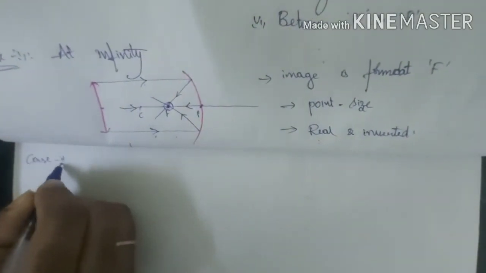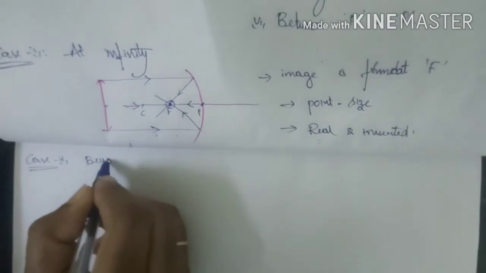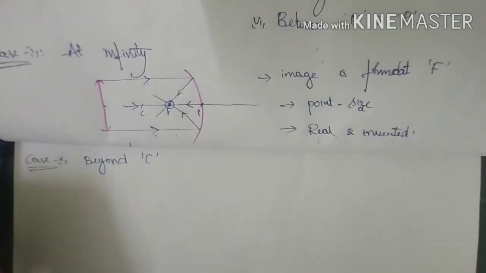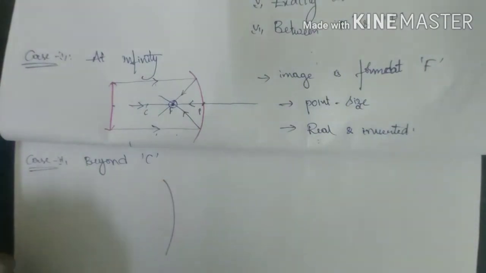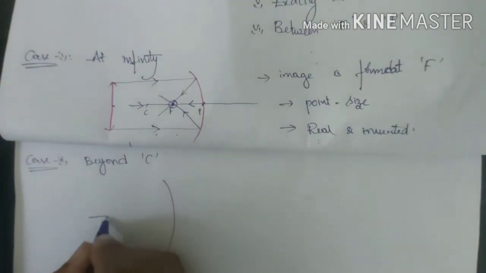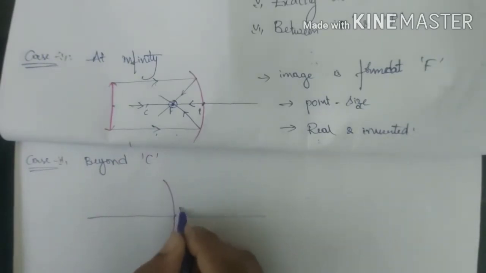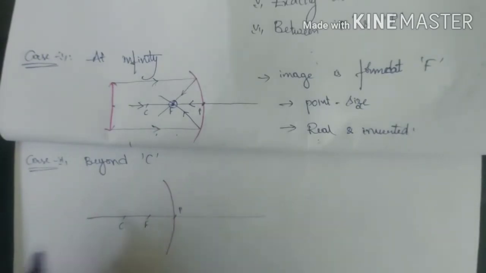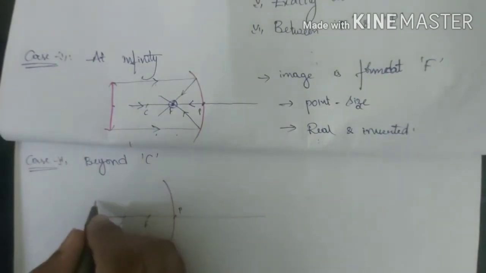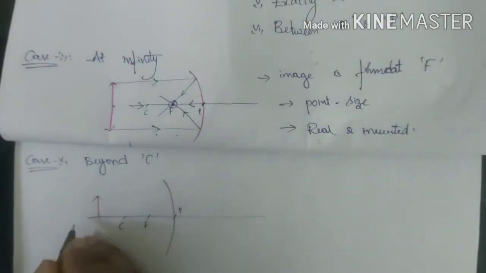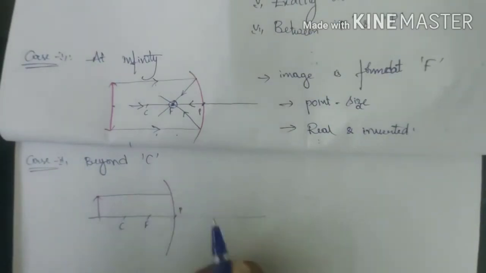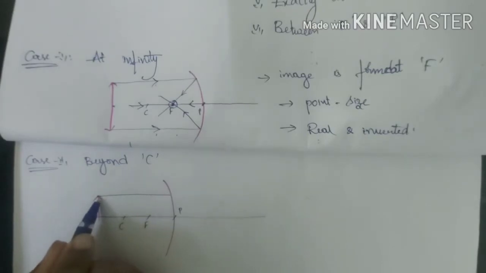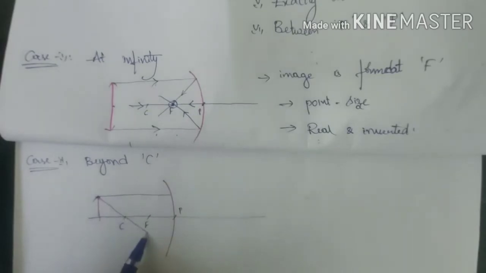Case 2, beyond C. Here again I am drawing my concave mirror, principal axis, marking my points P, focus, center of curvature, but this time the object is here, beyond C. Now again I am taking two rays, ray 1 parallel to the principal axis, ray 2 passing through the center of curvature.